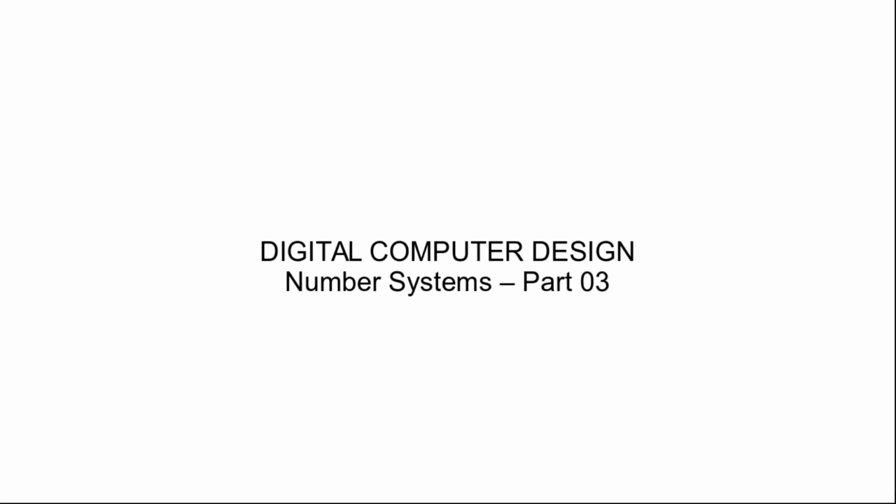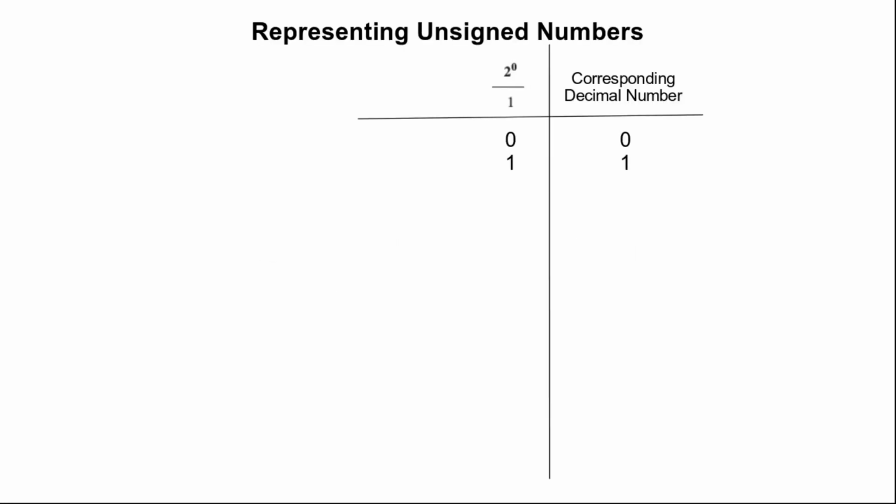This would be our third class on number systems. In the last class, we talked about performing counting in binary, and we saw that using only one bit, we can represent two different numbers, 0 and 1.